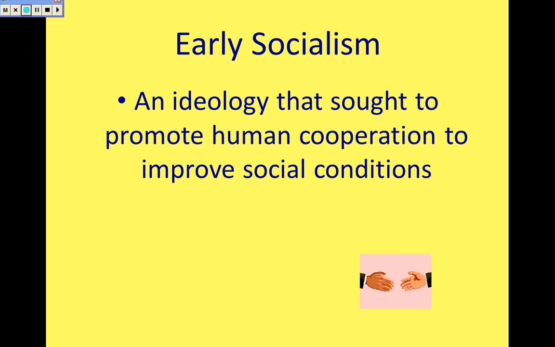They say, okay, it's obvious that this sucks for a lot of people, but instead they want to improve those social conditions. They're not so much out to have this whole revamping of the political system, or lead an overthrow like the Marxists wanted to do, but they thought humans were capable enough of noble expression to be able to improve these social conditions on their own and make a better society.